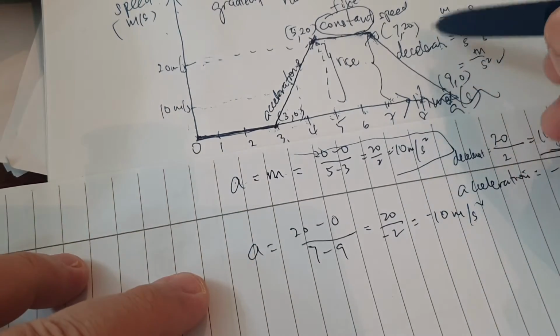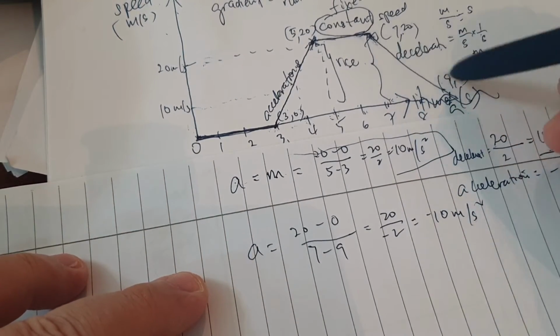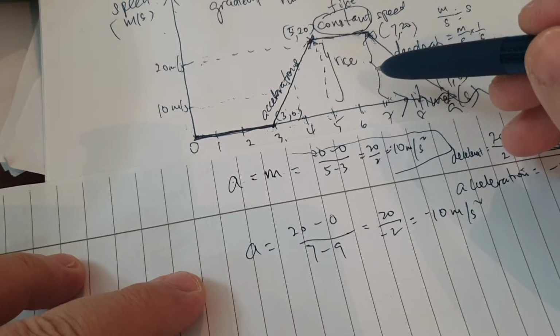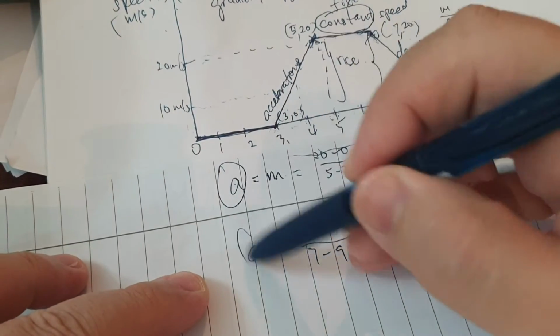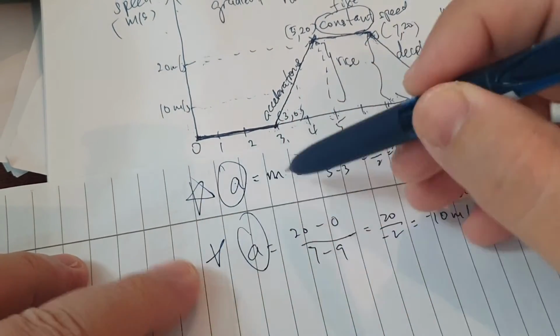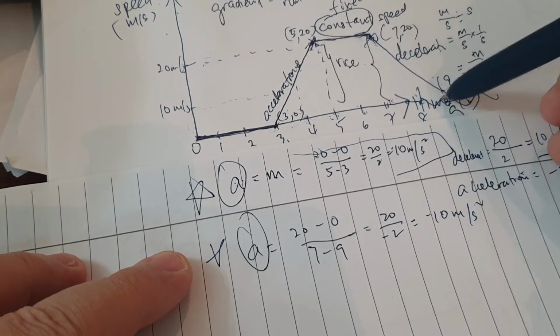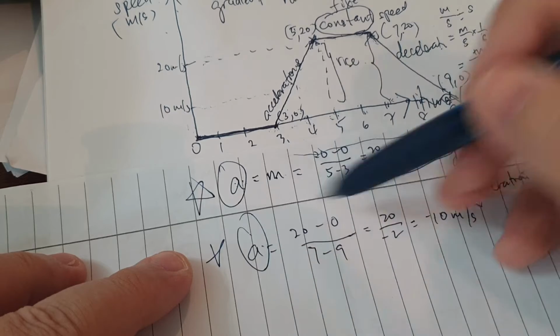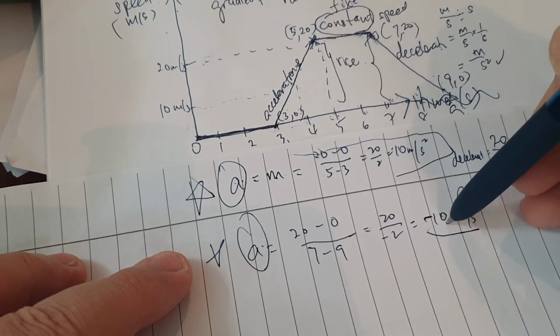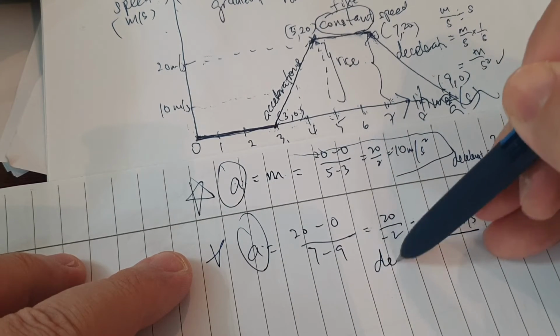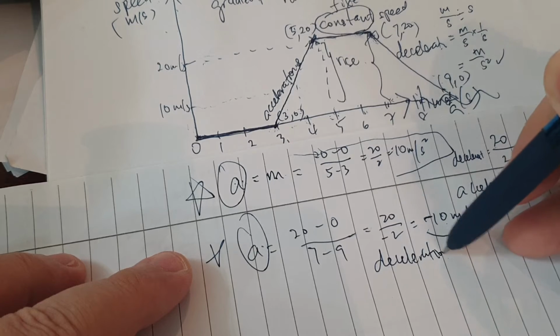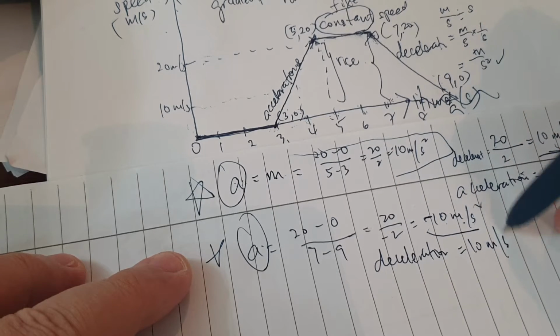So when you use the gradient formula, you must be very careful. You are actually finding acceleration. When you get a negative gradient, it means the acceleration is negative, and the deceleration is 10 meters per second squared.